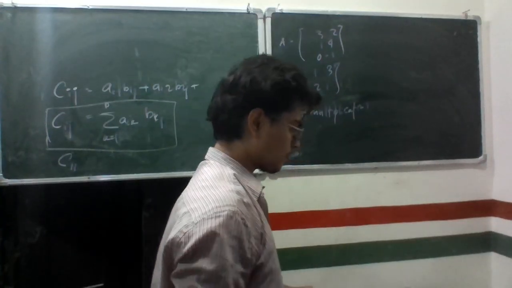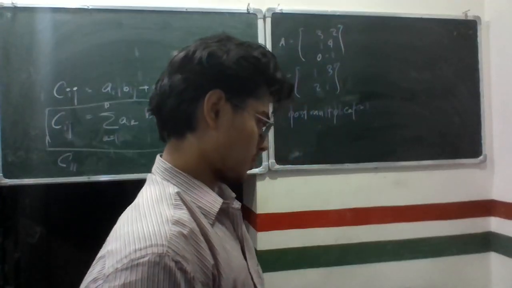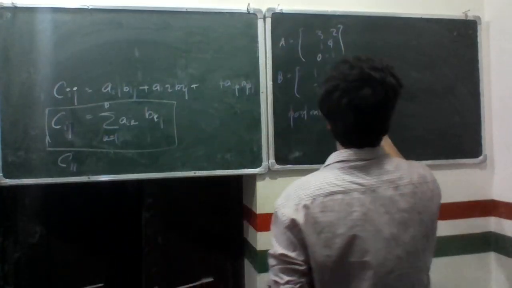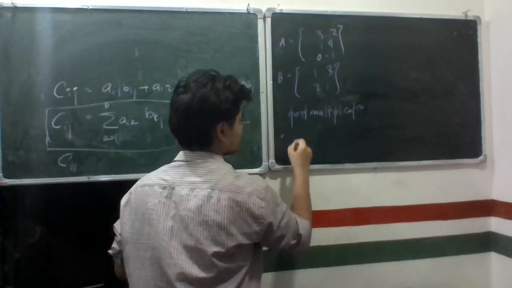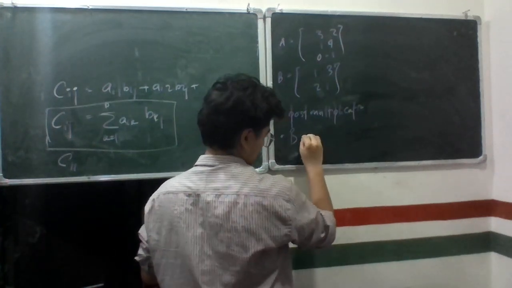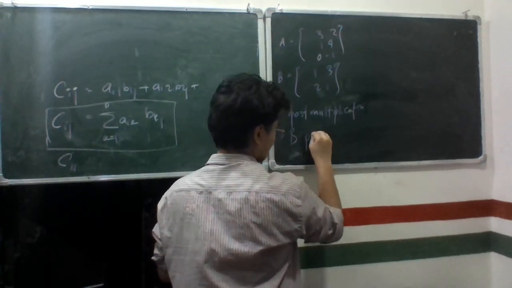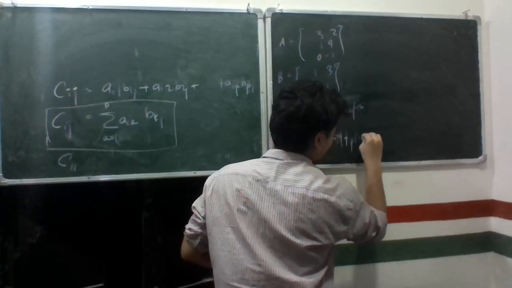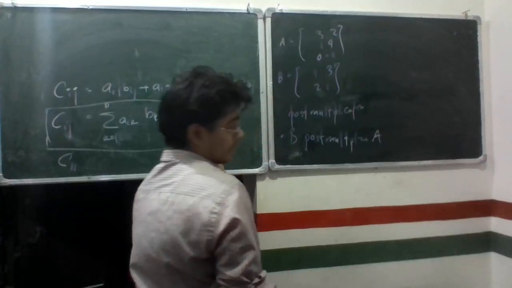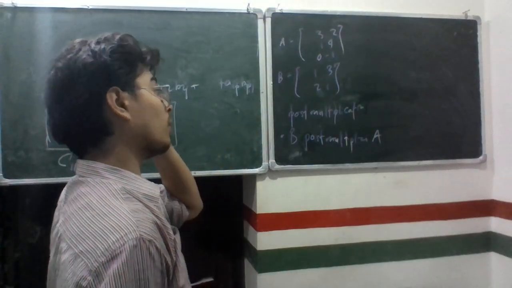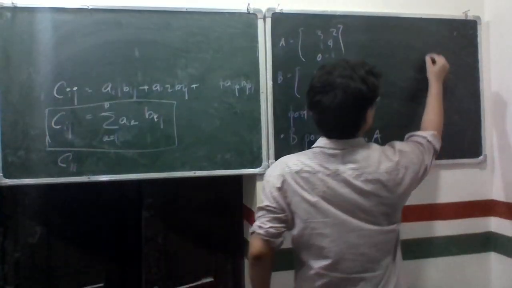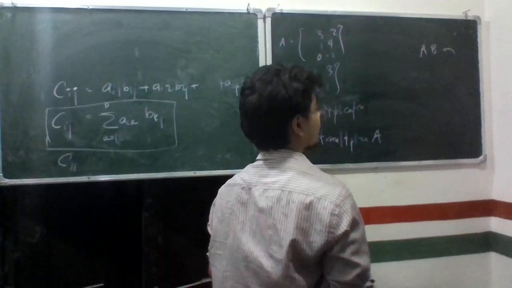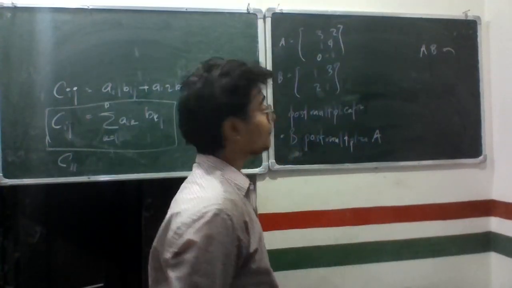What do you think I am referring to here? Let's suppose we say B post-multiplies A. If I write this statement, what does it mean? It means that A is already there, B multiplies it from the right hand side. That means we need to find out AB.